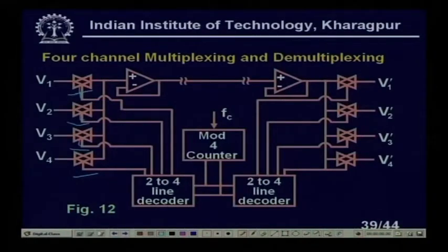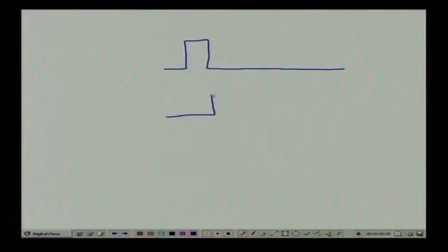What is the 2 to 4 line decoder? Only one line will be selected at a time. When this line is selected, that switch will be selected, and all other switches will be deactivated during that time. This is not very difficult. You can see I can have this type of signals.